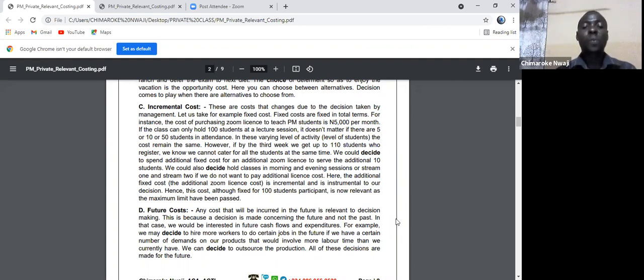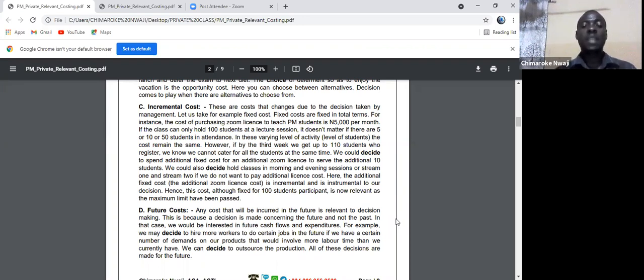So it doesn't matter if you are 2 students here, or 3 students, or 5, or 50 people in attendance, the cost will still remain 5,000. Now you see that is rigid. That is not incremental. You have increased from 2 to 3 to 5 to 10 to 50 to 99. The cost is still the same.